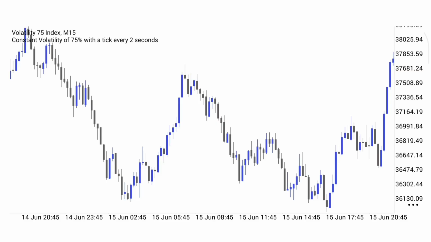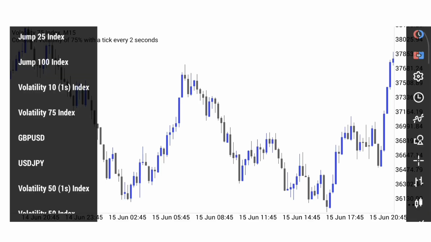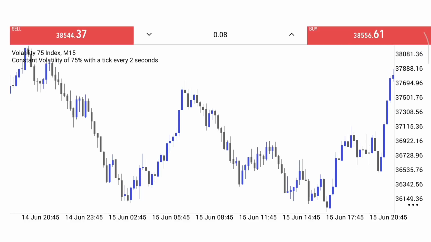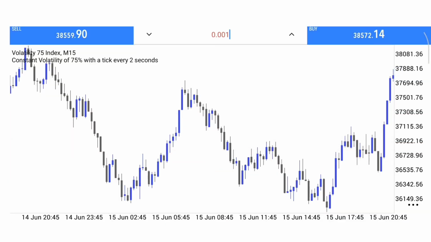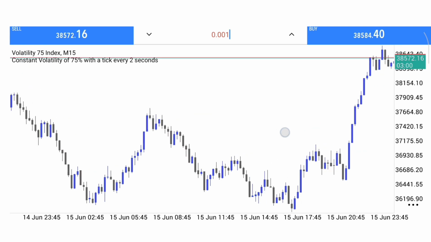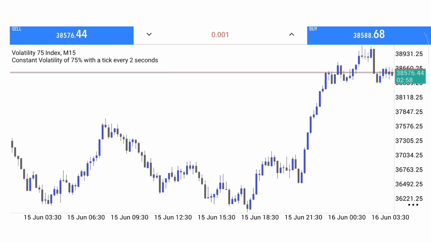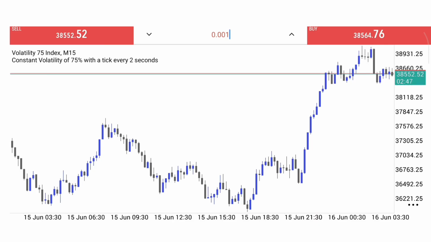But before we even go to that, I want to tell you guys about the lot size changes on Volatility 75. So before, you used to have like 0.001 on Volatility 75. This used to be our trading lot size for Volatility 75. And guys, for some of you who have not been trading for a very long time, I'm doing this to refresh your mindset and tell you what's really happening right now.